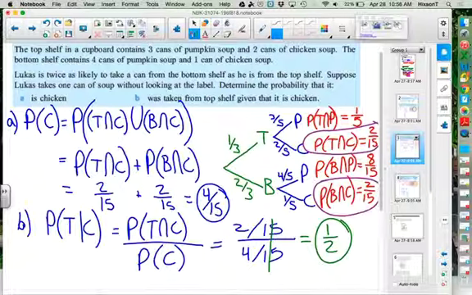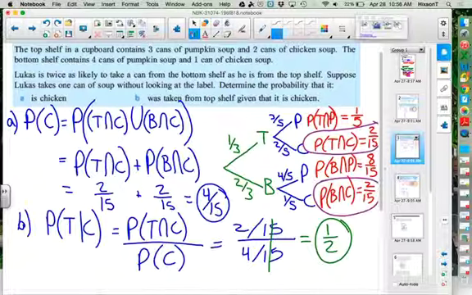So that's the 2/15 out of the total 4/15. So there is an element where you can kind of see it. But again, you're keeping in mind that we're not looking at the whole population or all of the possibilities. We're just narrowing it down to the times when we actually get a can of chicken.